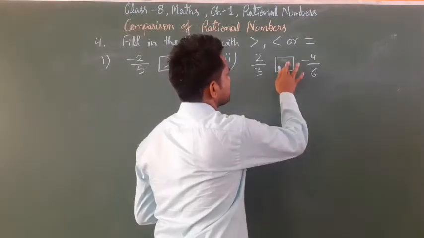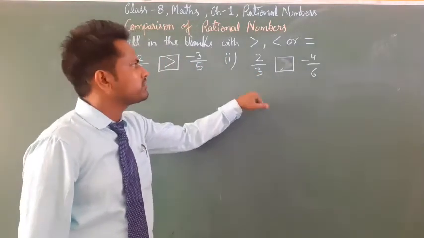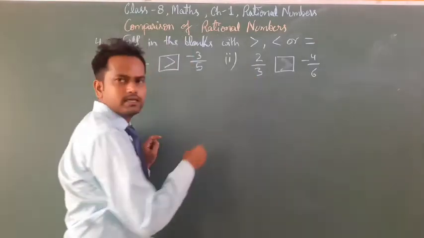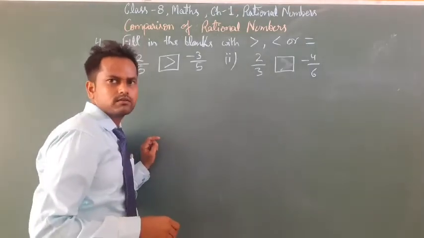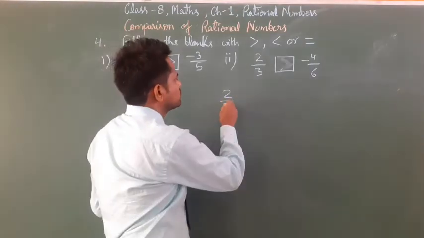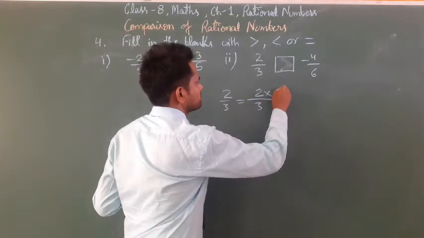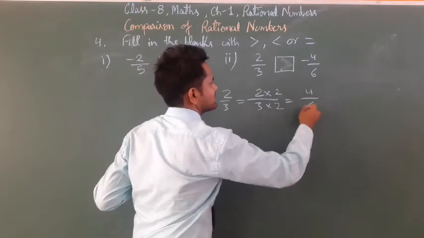Oh, I am really sorry. The denominators of both fractions are different. It is not 6, it is 3. So first you have to make the denominators of both fractions the same. So 2 by 3 can be written as 4 by 6.